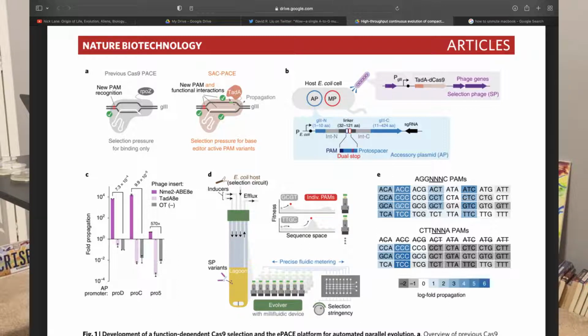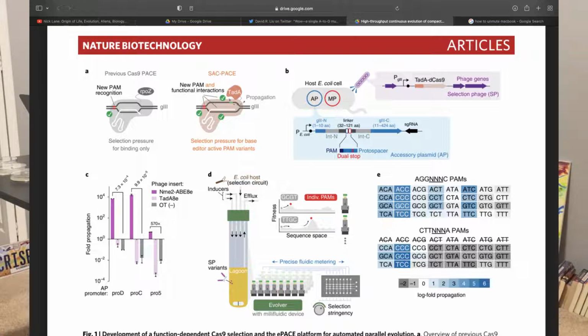I tried to go through number or letter B here, and there are things that I don't know what they mean, like this cis-intein split G3. So yeah, I don't know what exactly.